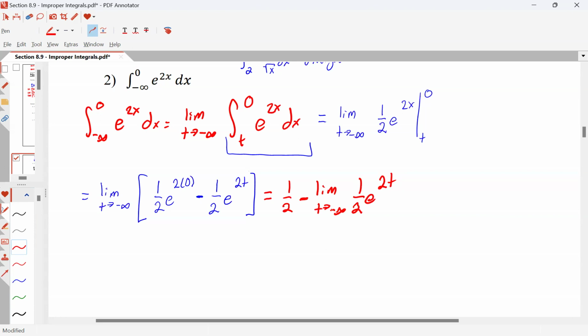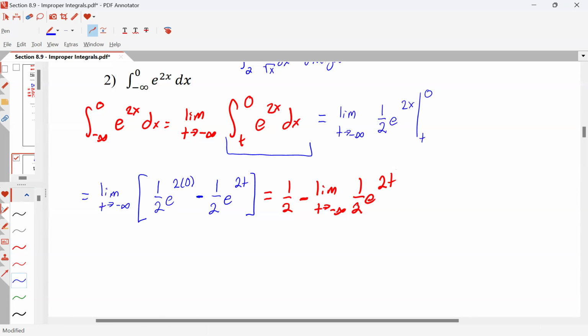Now, as t goes to negative infinity, that will make this exponent here negative, and it will also make the exponent increase in size. So this exponent is going to become a really big negative number. e to a really big negative number gets closer and closer to 0.